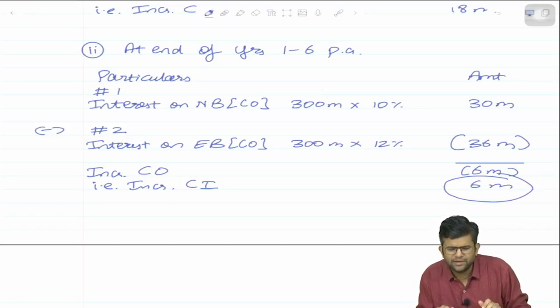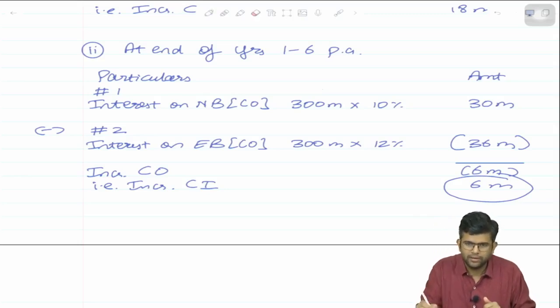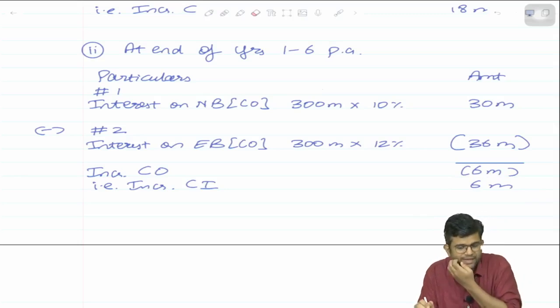6 million interest every year you will save. 2% of 300 million is 6 million. You will save every year. Got clarity? Yes, it's a saving in outflow, correct? Understood? Saving in outflow.